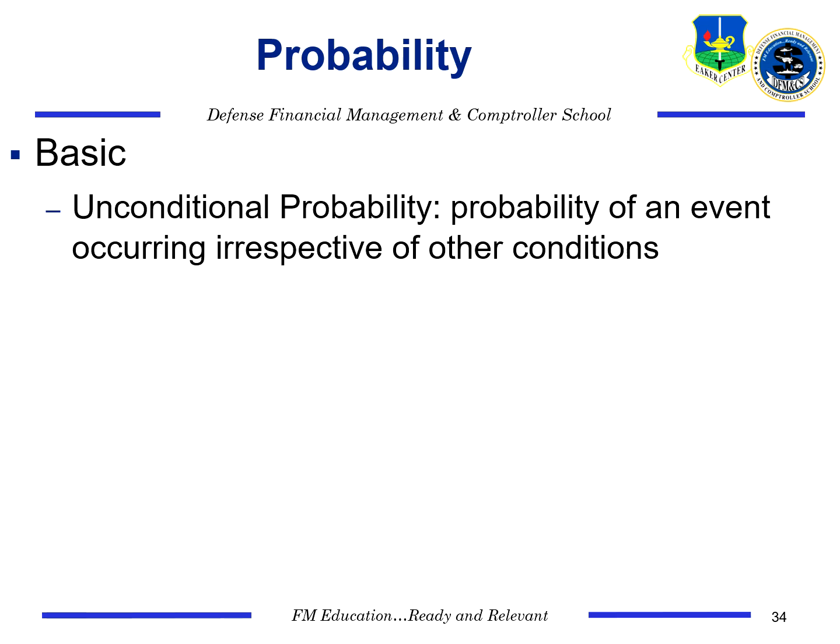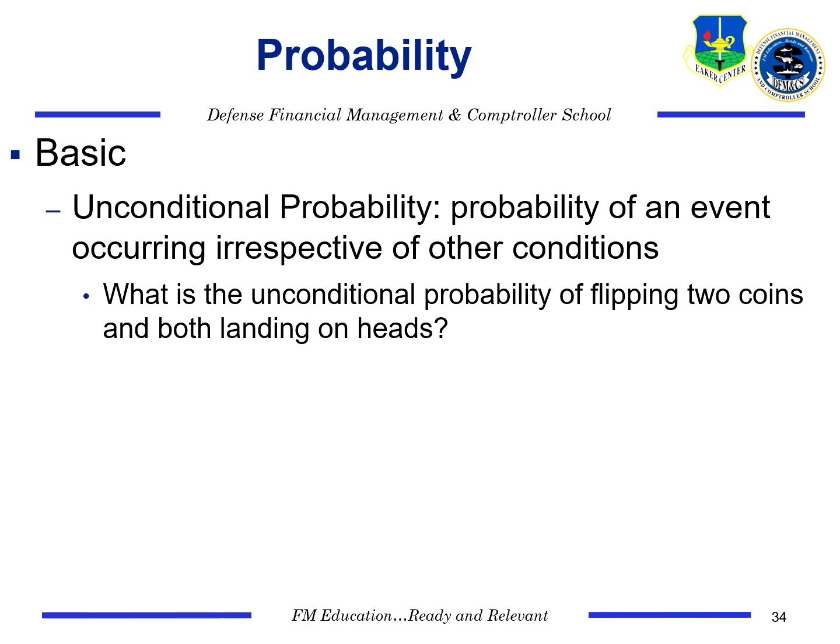First step, unconditional probability is the probability of an event occurring irrespective of other conditions. Think of flipping 2 coins at once. One coin flip is not going to impact the second coin flip.